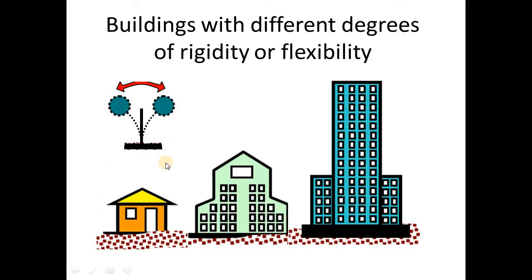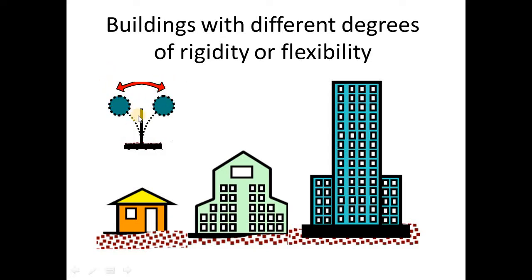And when an earthquake hits any of those buildings, the natural response for any of them would be swaying. Any building starts to sway as a response from one side to the other side due to an earthquake force.